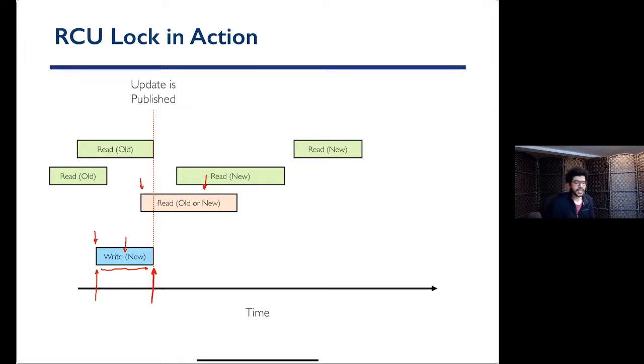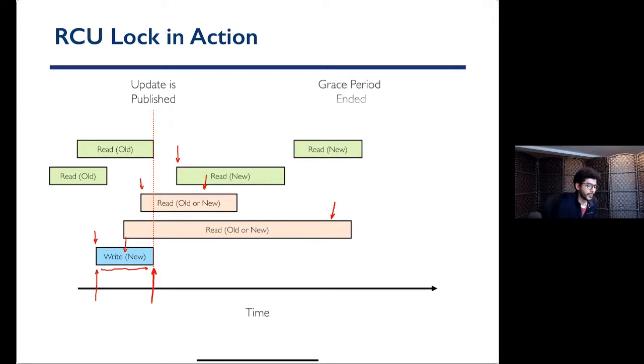But if a reader comes after the data is published, then they will definitely see the new data. Now, if we have a long read that happens before the publication of the data, then when this last read ends, this is where we need the scheduler to help us, because the scheduler knows when all the reads happened.